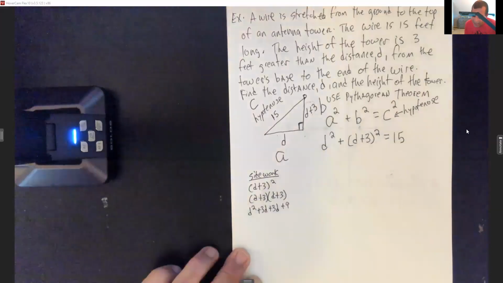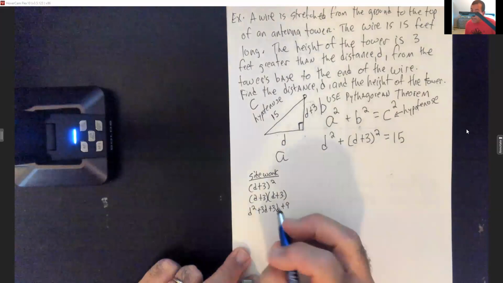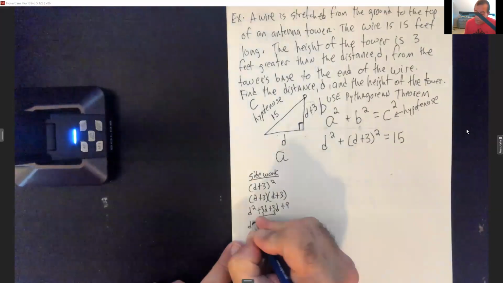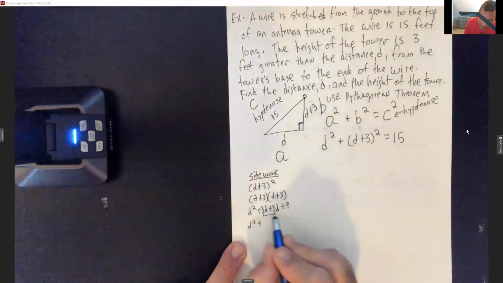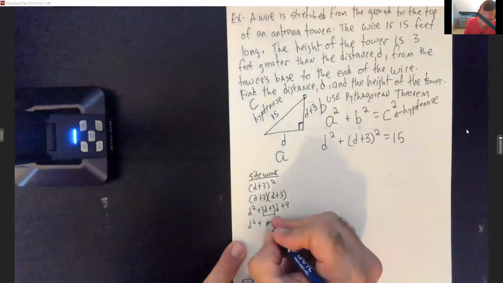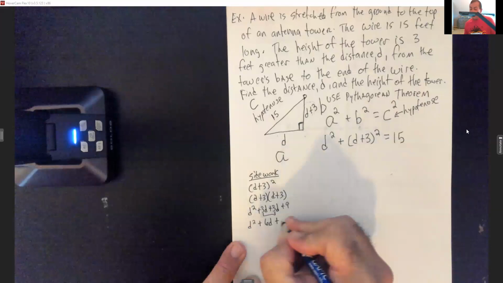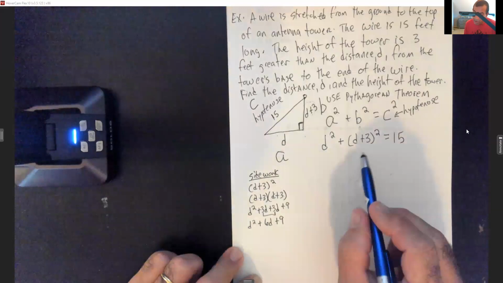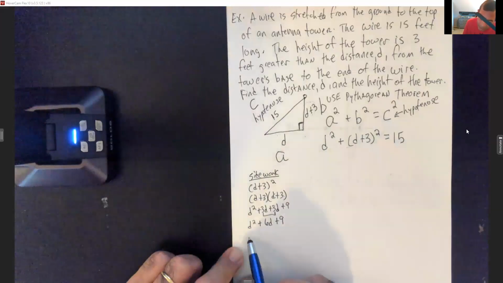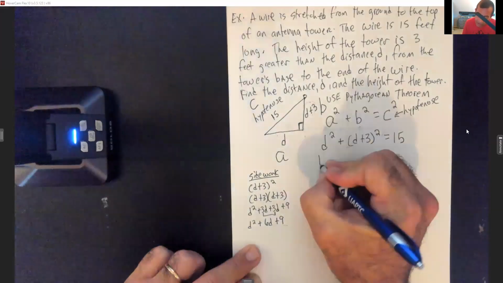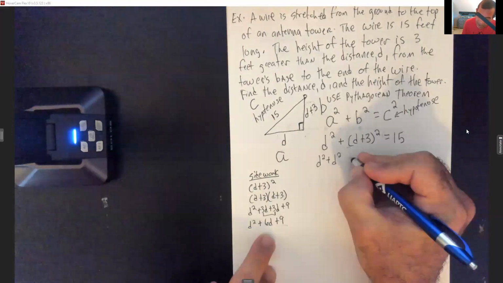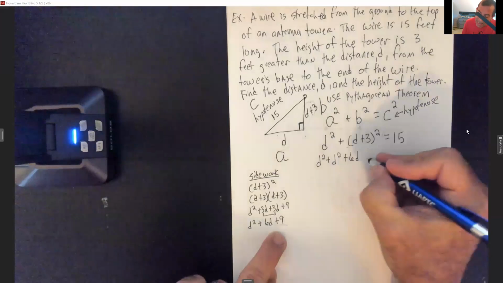So the last step I would do to that is add the like terms. So I get a d squared, 3d plus 3d gives me 6d, plus my 9. So what I'm going to do is go up here and replace this part with what I just got. So I got my first d squared plus I just got a d squared plus a 6d plus 9.